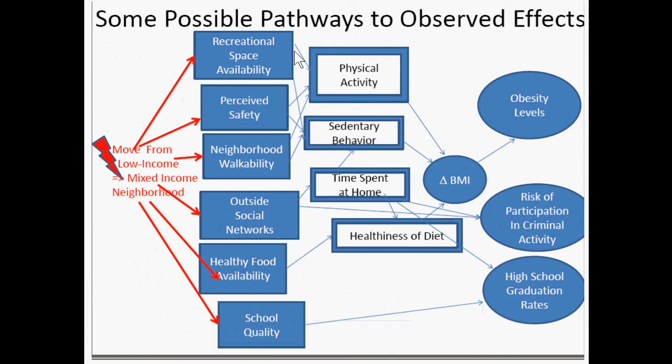One of the reasons people are so interested in these causal pathways and understanding their dynamics is because Moving to Opportunity seemed to have materially helped girls with respect to obesity levels, high school graduation rates, and lower risk of involvement. But for boys, it had washout effects for the other two, and involvement in criminal activity actually went up. This could then have negative feedback.